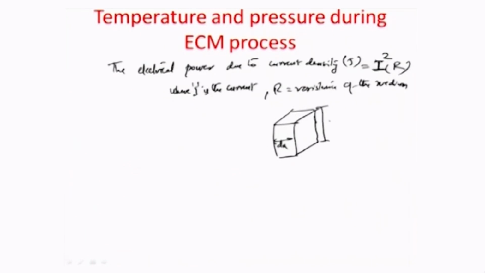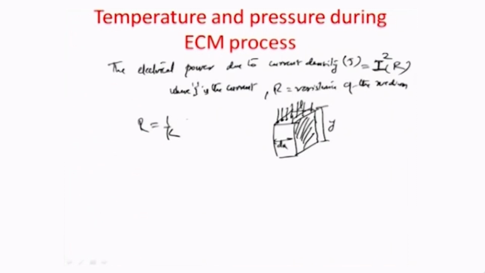So, this width is dx, the equilibrium gap is y, and the depth into the plane of this board is L. So, therefore, the resistance here can be written down as 1 by k times length. Mind you, the current is coming perpendicular to this face, right.